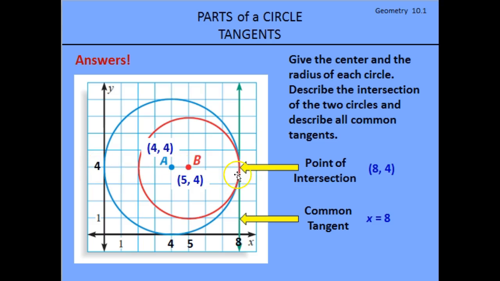The point of intersection is going to be right here, which is at 8, 4. And the common tangent right here, where it touches at the point where they intersect, is going to be 8. So since it crosses the x-axis at 8, we say x equals 8. So these are the descriptors that we're going to use for those things.